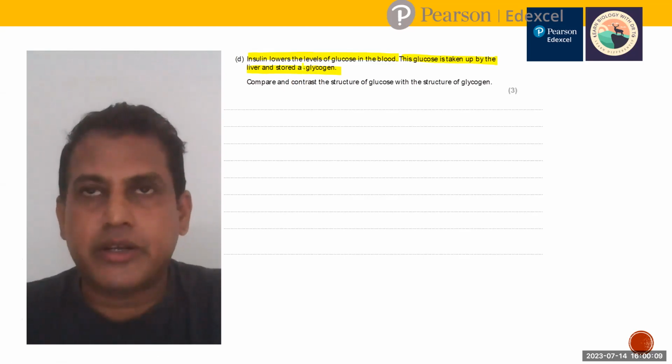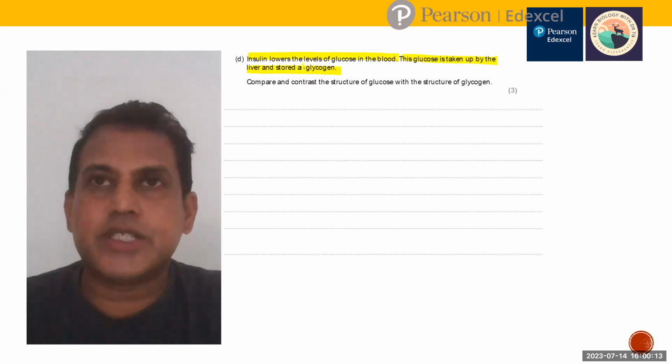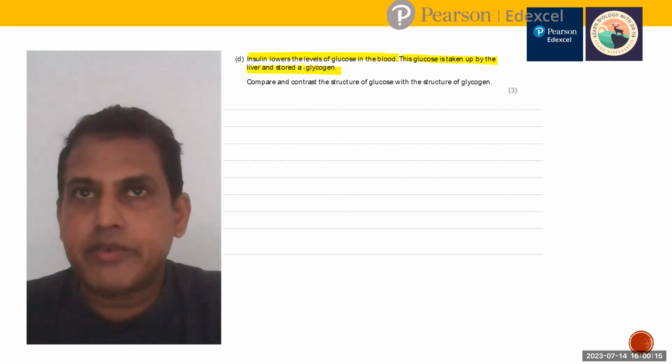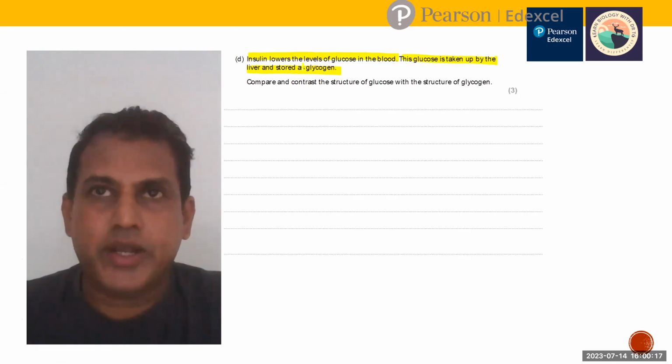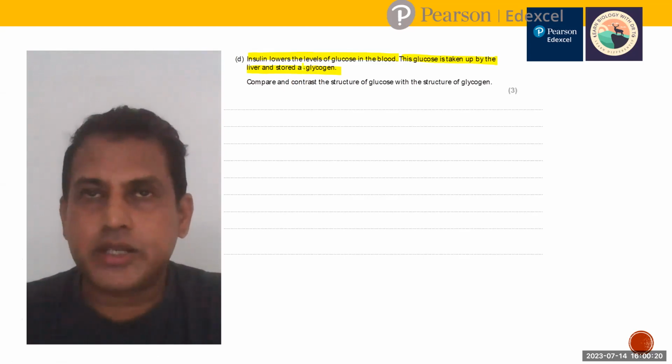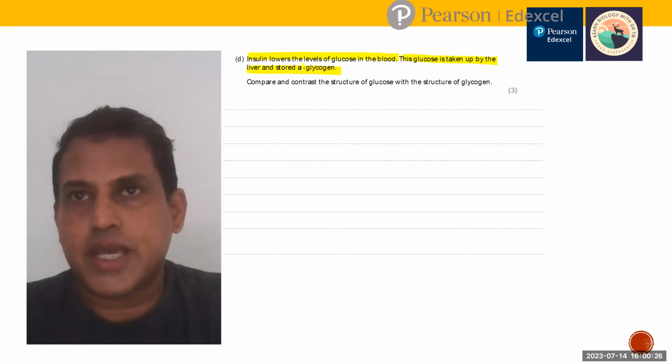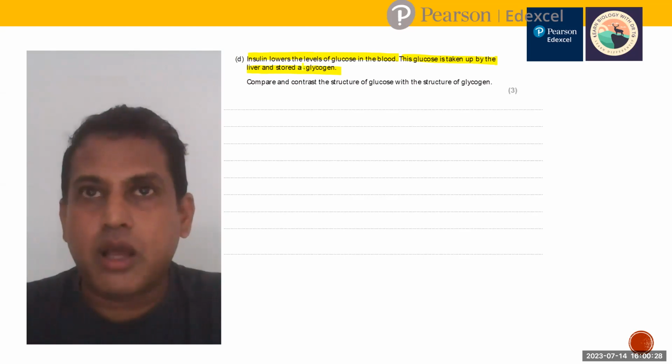One is glucose converted into glycogen and glycogen stored in the liver. And the second one is the rest of the cells of the body require glucose and insulin helps to move glucose to those cells, required to go for aerobic respiration.